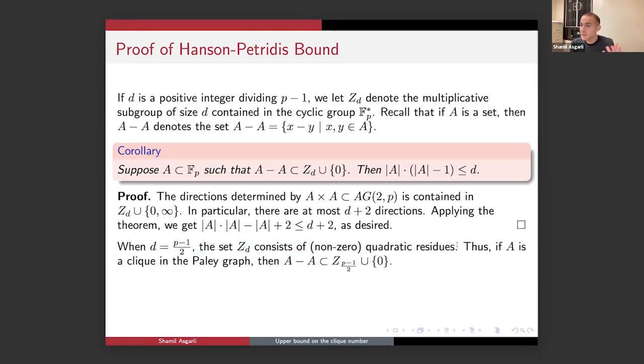Why is this good? Because if A is a clique in the Paley graph, by definition, being a clique in the Paley graph means that if you look at pairwise differences of your elements in A, then those pairwise differences will be perfect squares in Fq.